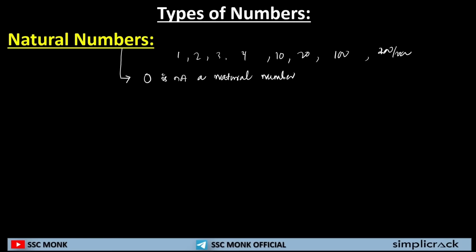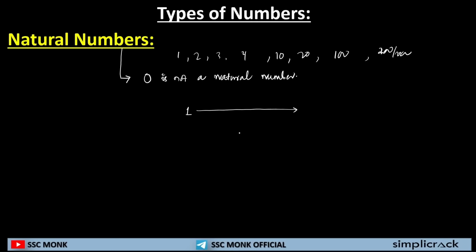So when it asks about natural numbers, you will say it starts from 1 and goes on. Clear? 1, 2, 3, 4, 5, 6, 7, 8, 9, 10, and so on. 0 is not a natural number.